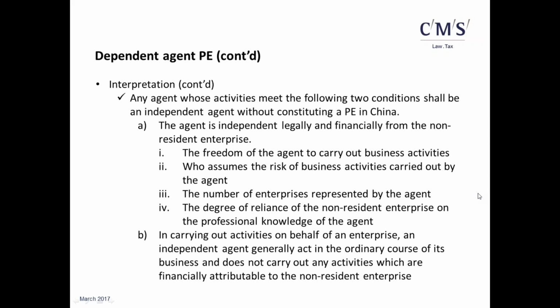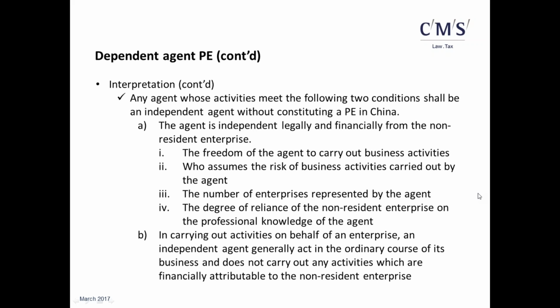Okay, so let's continue with the interpretation of a dependent agent PE. Any agent whose activities meet the following two conditions should be an independent agent without constituting a PE in China. Okay, the first is the agent is independent legally and financially from the foreign enterprise.